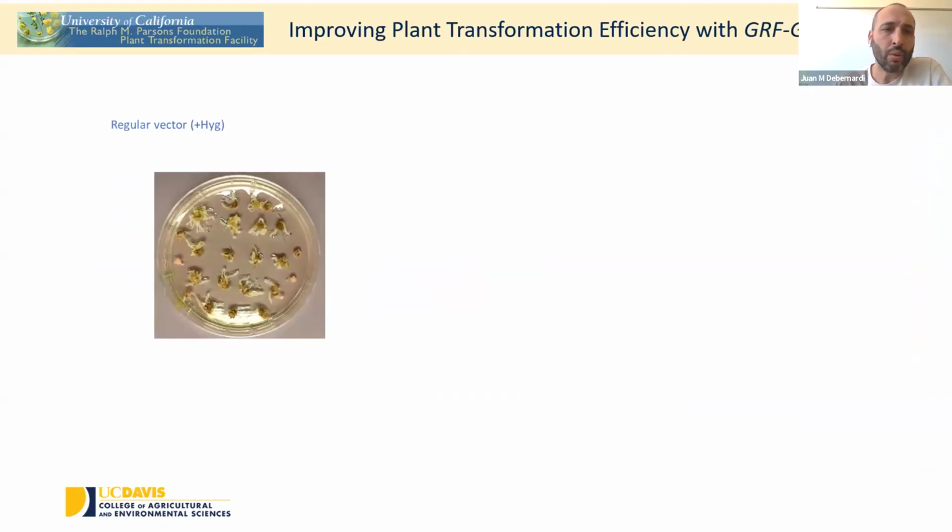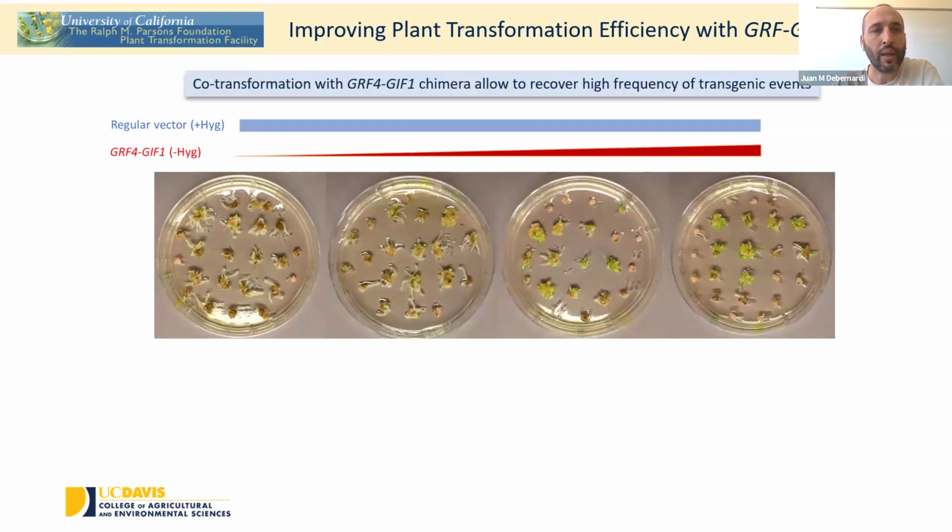In addition to CRISPR, people are also interested in transforming regular vectors. When you transform a regular vector, sometimes you don't want to have GRF-GIF in the same T-DNA, because GRF-GIF plants are fertile but can have some effect on the analysis. So one way that we do that is by co-transformation.